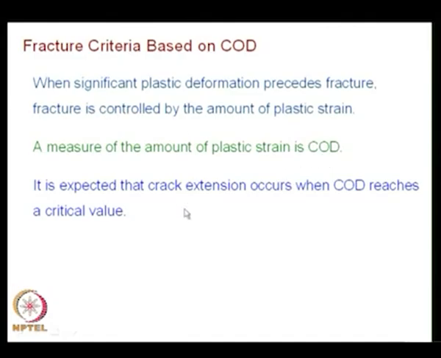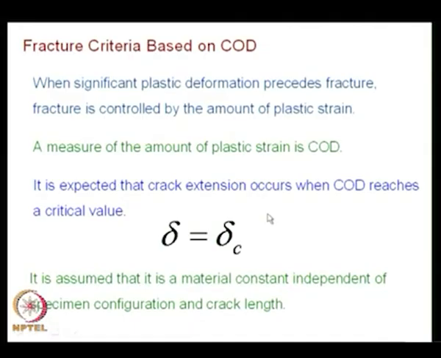So, similar to other parameters, it is expected that crack extension occurs when COD reaches a critical value. So, that means whenever the delta becomes delta C, then fracture would commence.